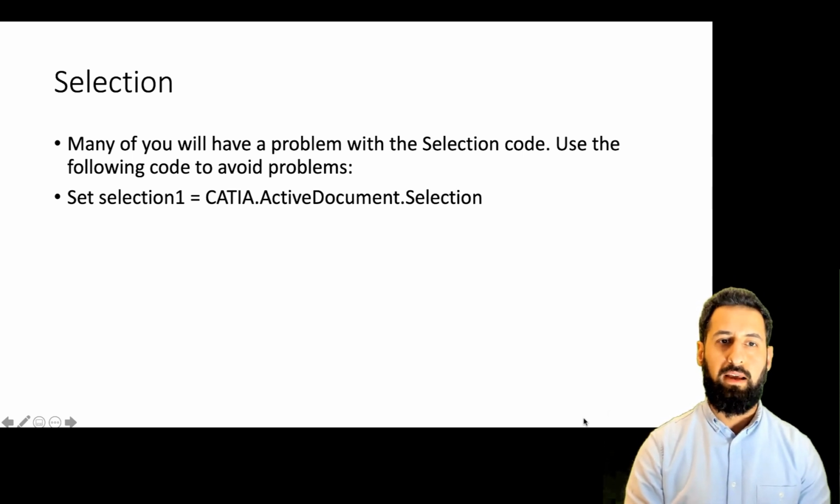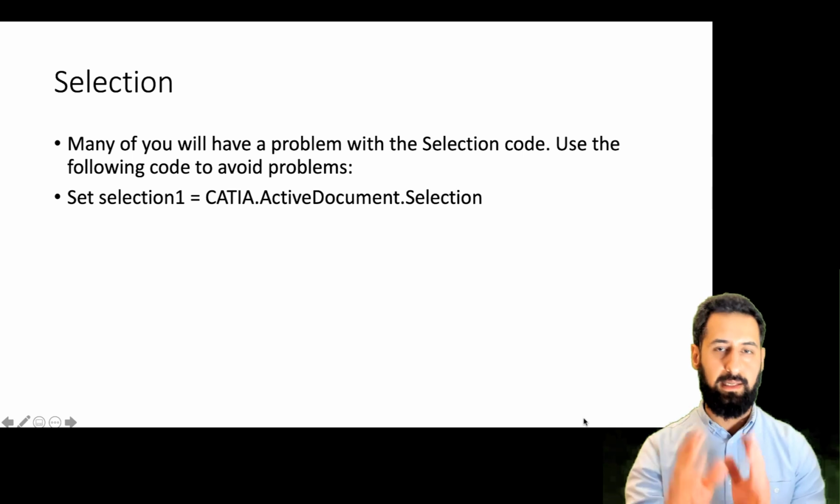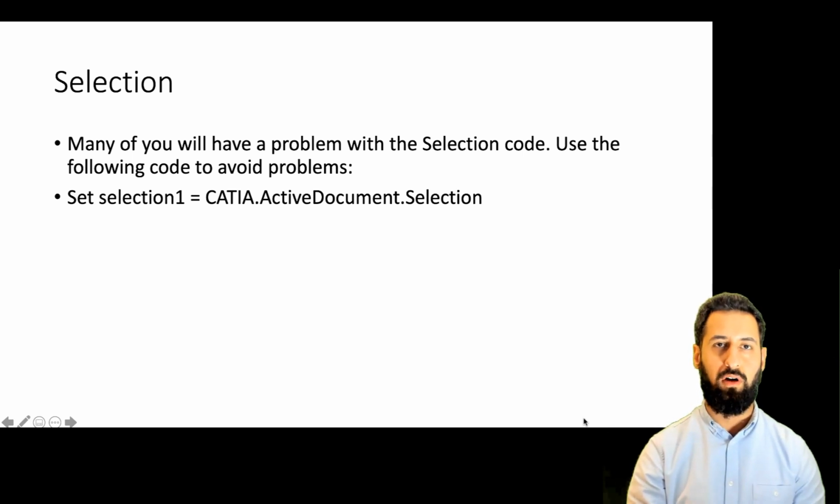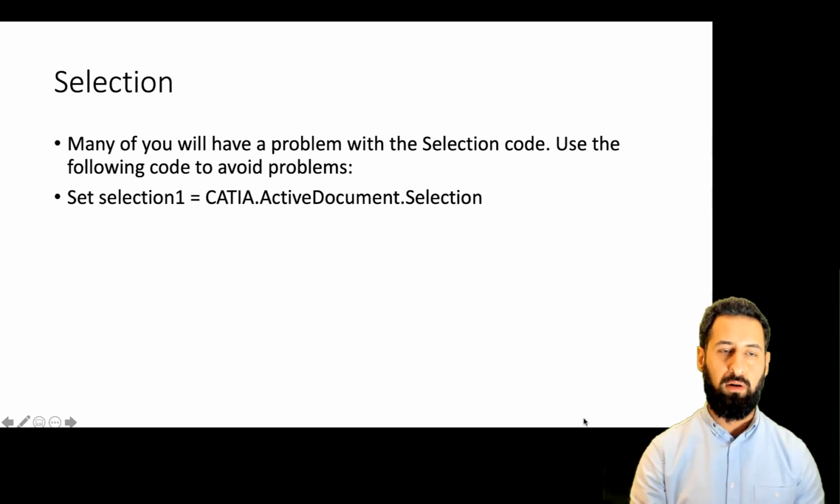Many of you will have a problem with the selection code. There is a code where you can select specific objects and features in CATIA. In order to not have any problems with that, always define the selection equal to the active document dot selection.